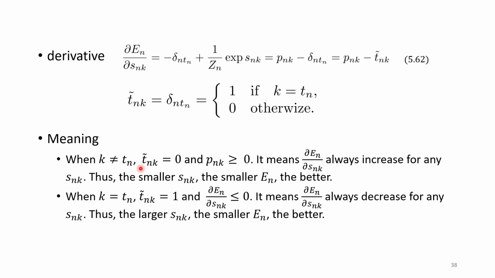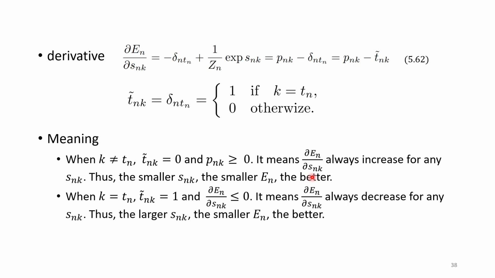So if K is the correct class label, then we should increase the probability as much as possible. It means we should increase the score Snk as much as possible, so that the loss will decrease.